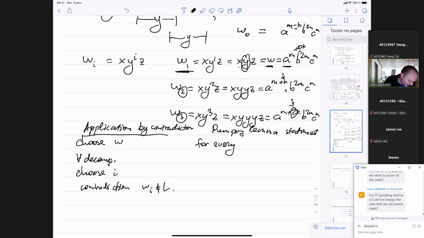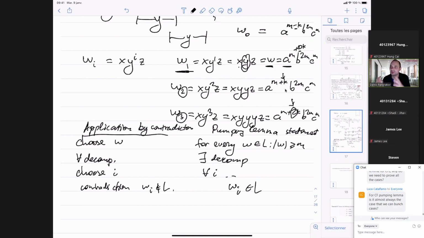So the pumping lemma says for every W in L such that length of W is at least M, there exists a decomposition, for every I, we get that Wi is in the language. So that's the statement of the pumping lemma. Keep these two things in mind. There is a statement and there is a way we apply the statement. And because we apply it by contradiction, all the quantifiers are flipped.